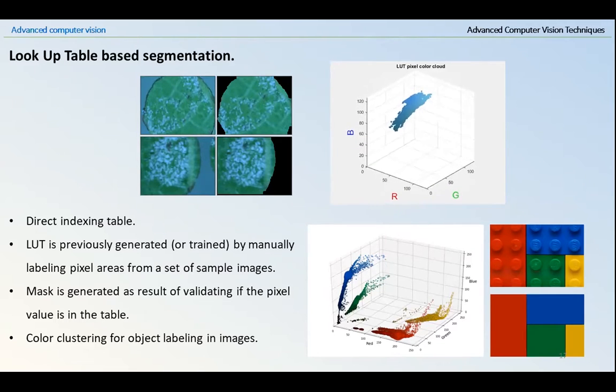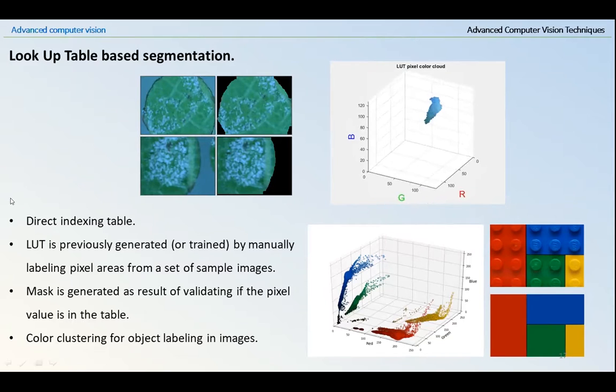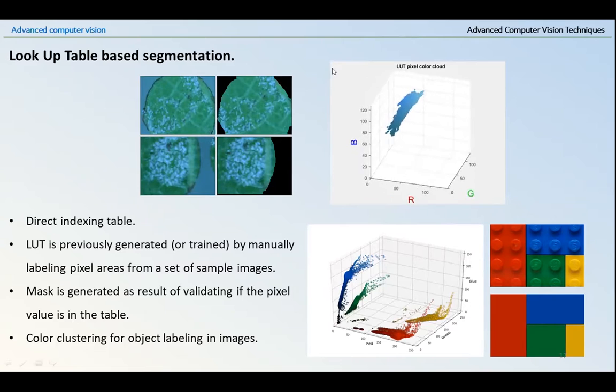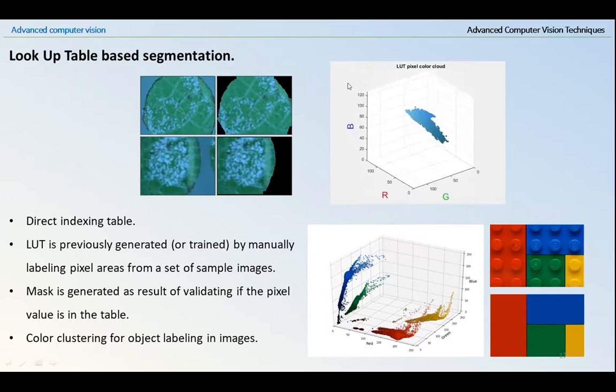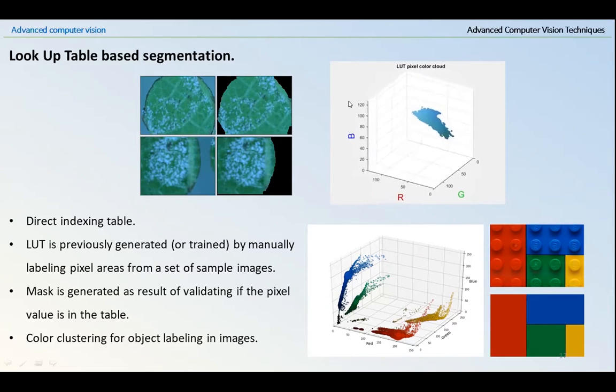Using this method, first you have to create the table. It's very easy, by manually selecting the colors you are interested in from sample images. Then all these selected colors are stored in a table like this, which has the same color space that we are using, in this case RGB. So once we have labeled all the colors we are interested in finding, it's as easy as checking the further images.